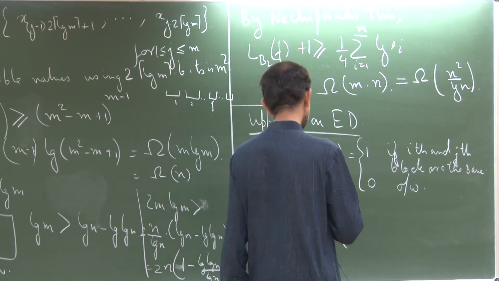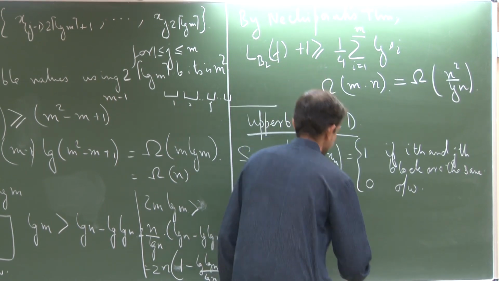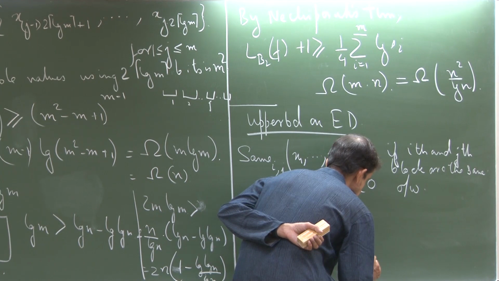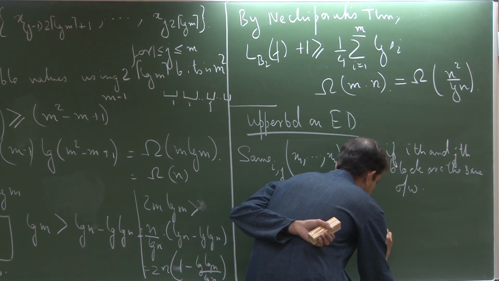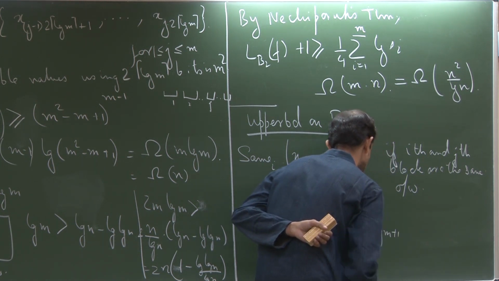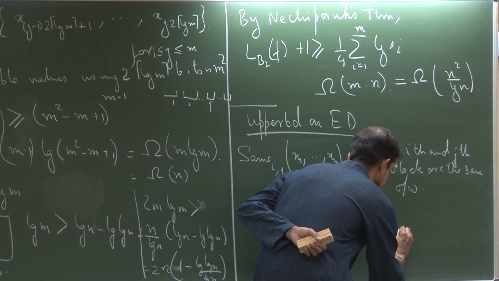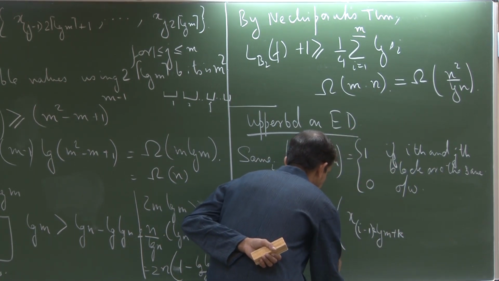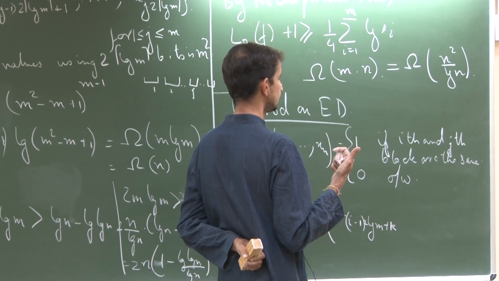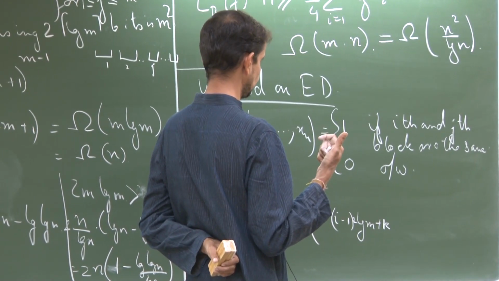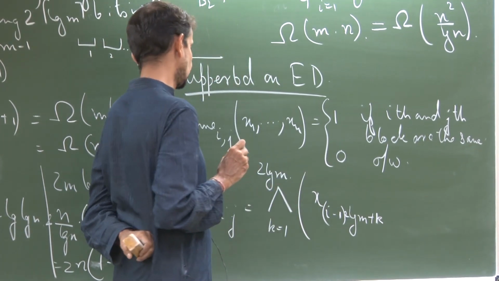So the ith block is from x of i minus 1 times 2 log n plus 1, plus k, where k goes from 1 up to 2 log m, since each block has 2 log m elements.